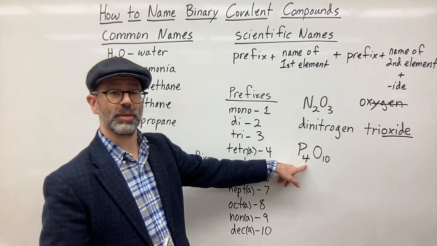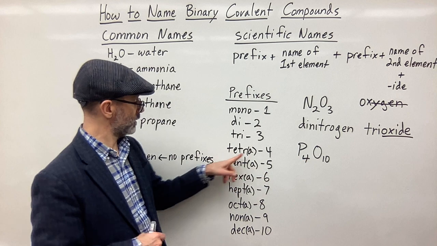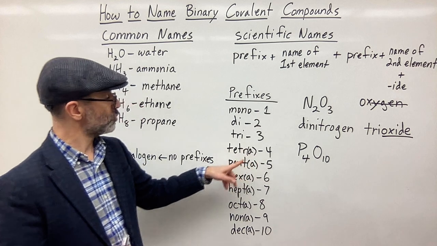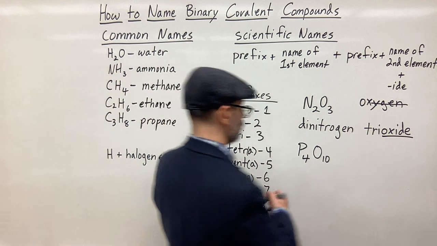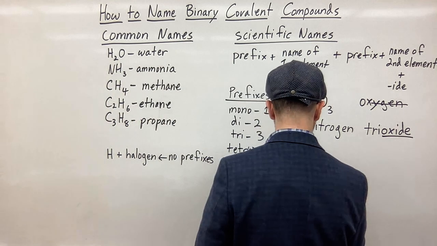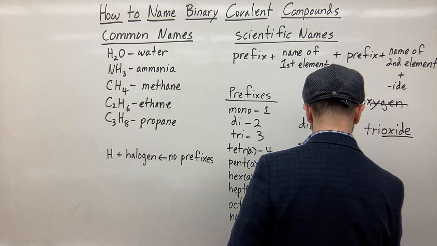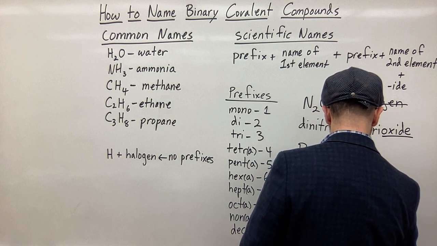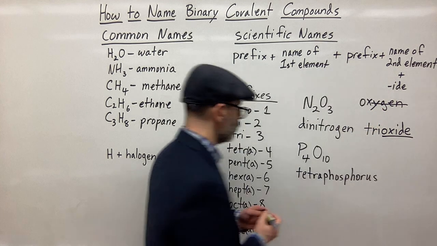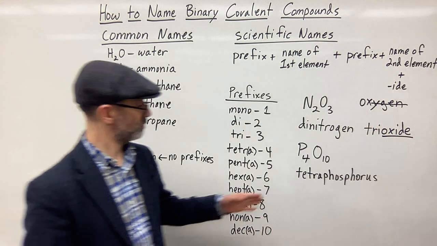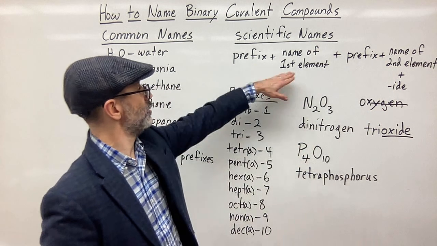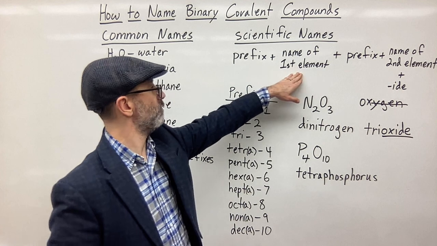Here I have a subscript 4. 4 is tetra. So I'm going to have tetraphosphorus.